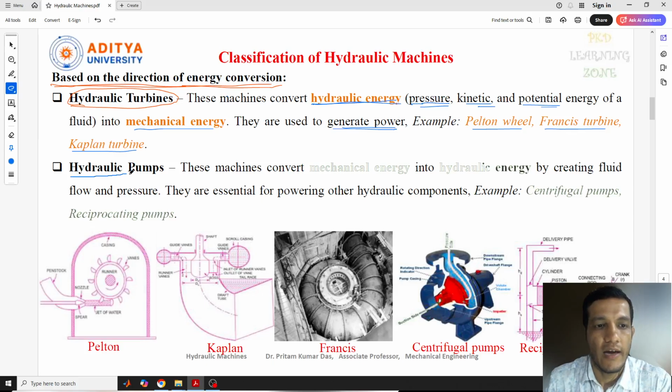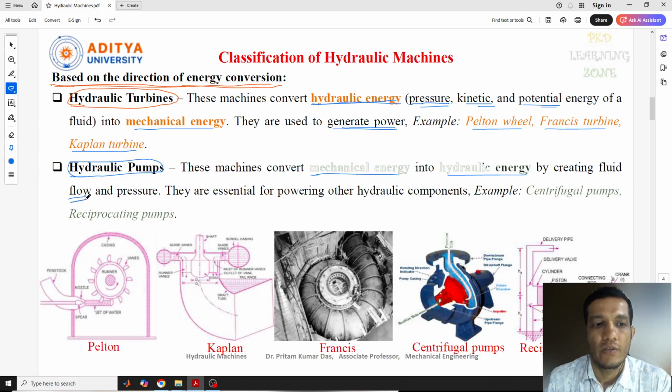Similarly, the next one is hydraulic pumps. In hydraulic pumps, like we discussed in the previous slide, a pump is a mechanical device that converts mechanical energy into hydraulic energy, by creating fluid pressure and fluid flow.